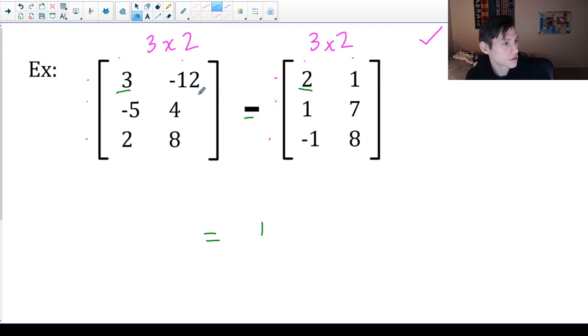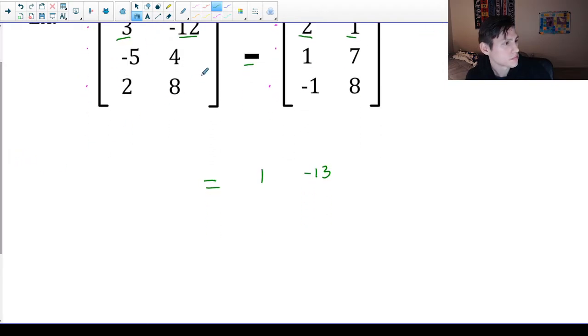That's what goes in the first spot. -12 minus 1 is -13, so that goes in the spot where those were. -5 minus 1 is -6. 4 minus 7 is -3. 2 minus -1 is +3. 8 minus 8 is 0. Whoa, a bit diagonal.